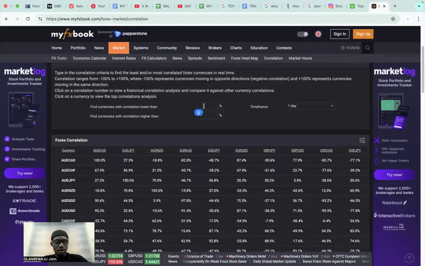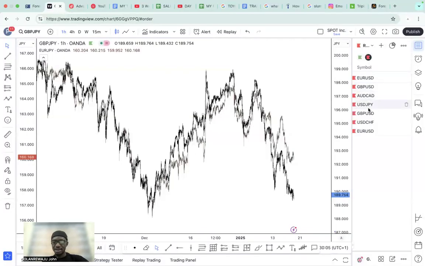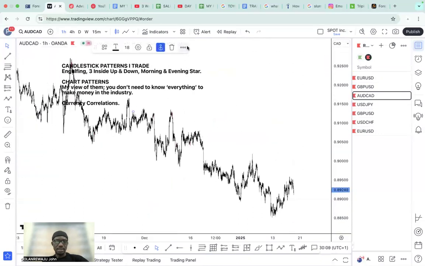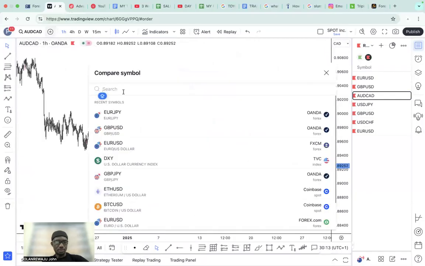So let us look for assets with correlation less than 80%. Great. AUD CAD, Euro AUD. Let's check that on the charts. We have AUD CAD here. Let's hide this, and then let's look for Euro AUD.